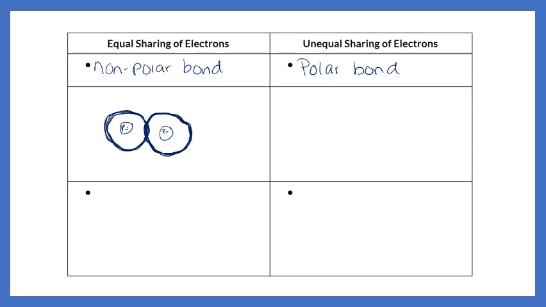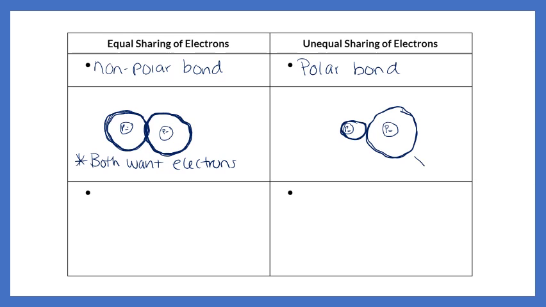A polar bond looks like this. We have one atom that really, really, really wants electrons, and another atom that doesn't, and it's smaller, okay? So over here, both want electrons.